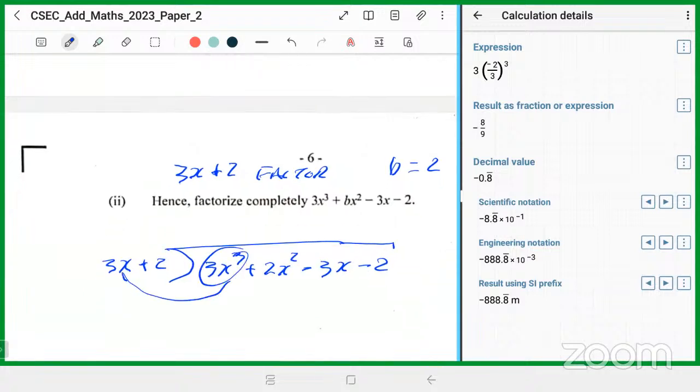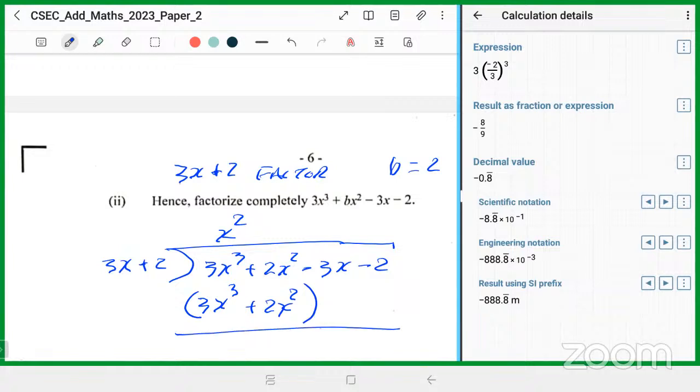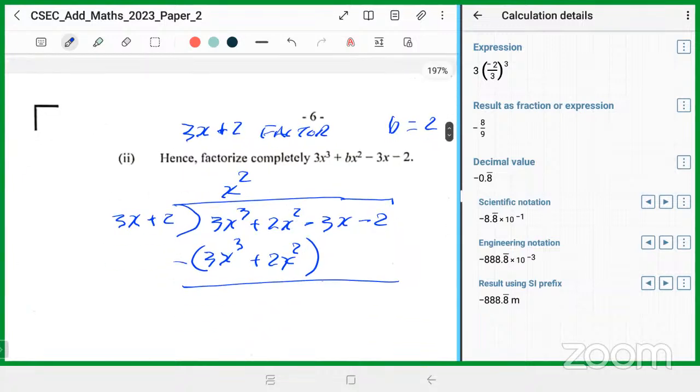This divided by this is x squared. X squared times this gives me 3x cubed and 2x squared. These are eliminated because I'm subtracting.